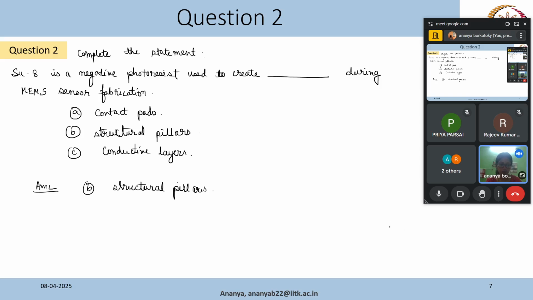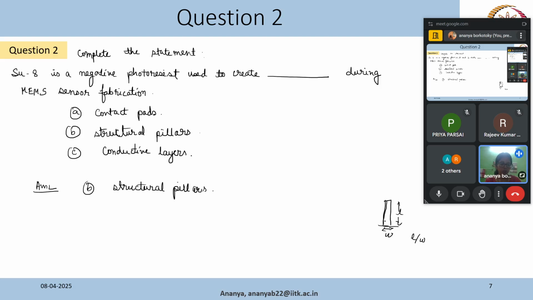What is aspect ratio? When we make pillars, say this is a vertical pillar, this is the width and this is the length. So the aspect ratio is L by W or W by L, whatever. So we can make very tall pillars with less width using some material. SU8 is one such material. Why is it important?